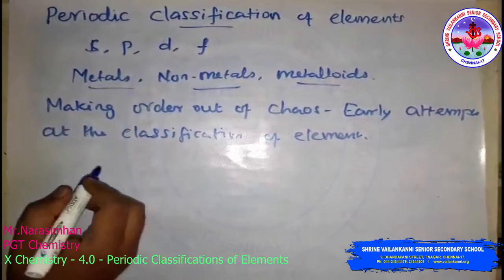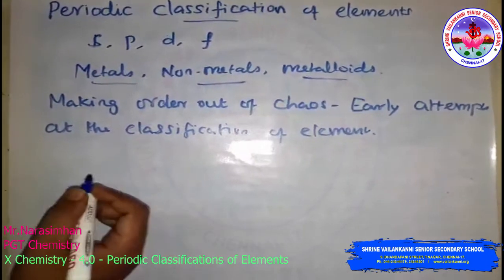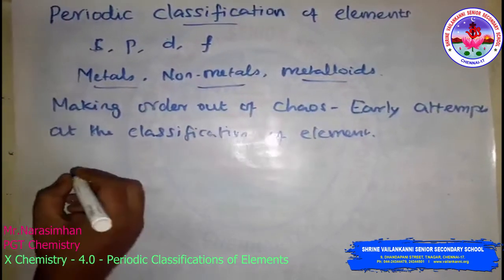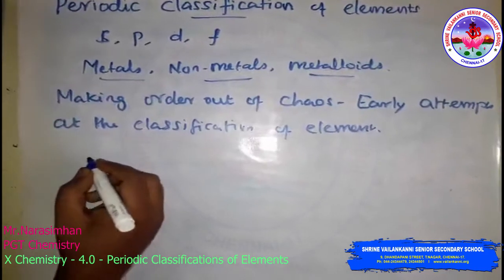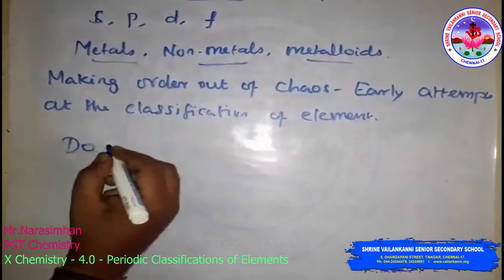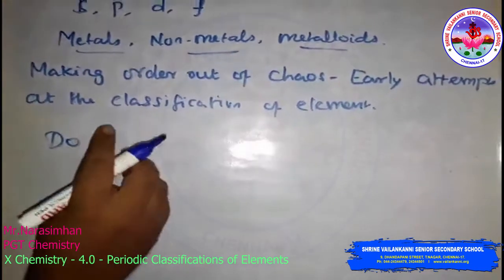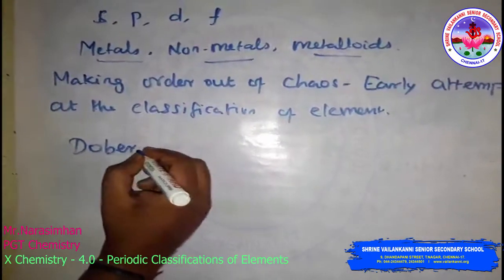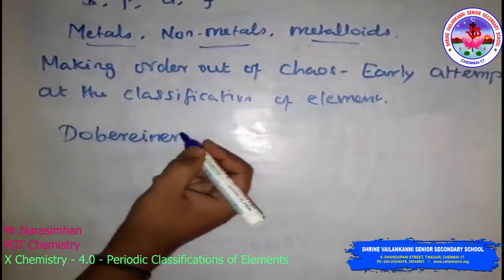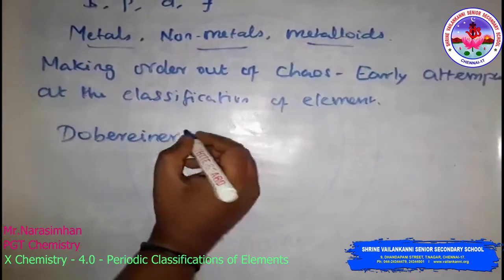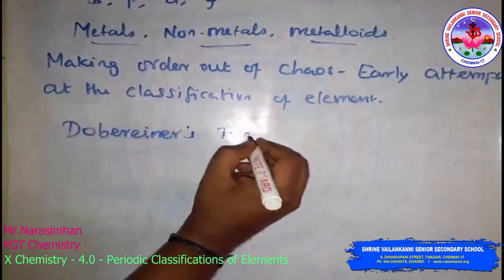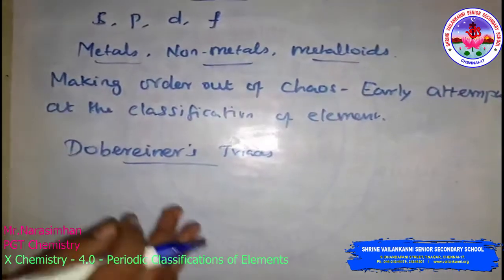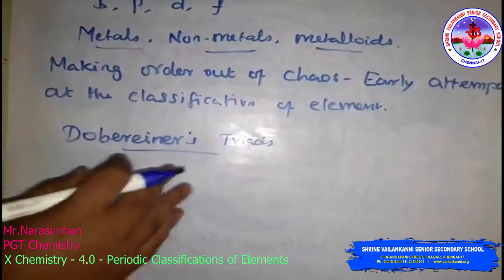First, the German chemist who discovered the triad system, Johann Wolfgang Dobereiner, simply Dobereiner's triads. Triads mean a system of three elements. He arranged the elements in sets of three.